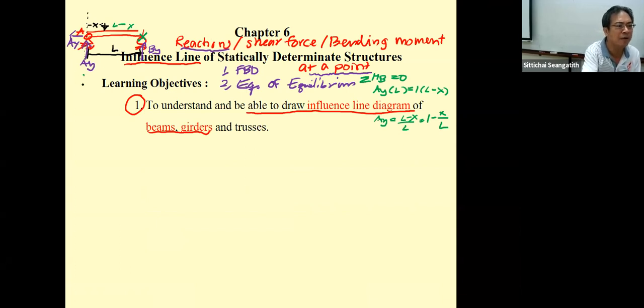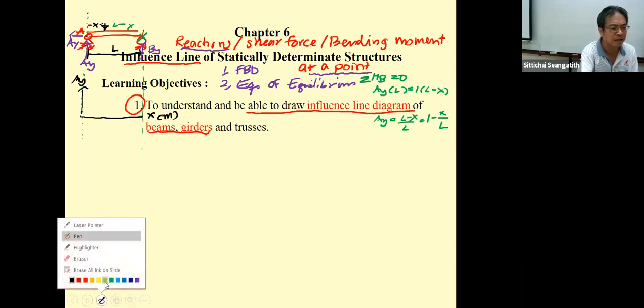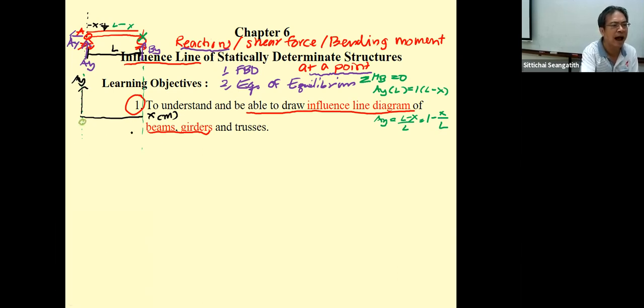And then by doing this, we draw the diagram in which we put the horizontal axis as X, and the vertical axis as A sub Y. From this equation, X starts at 0 over here, X is L over here, and over here X is L over 2.